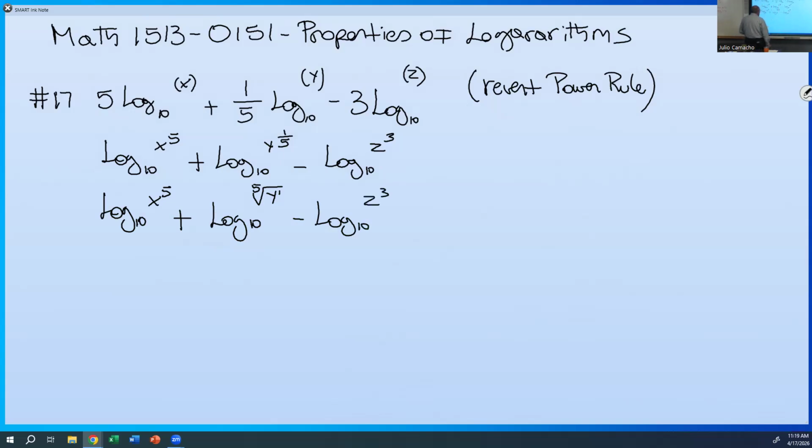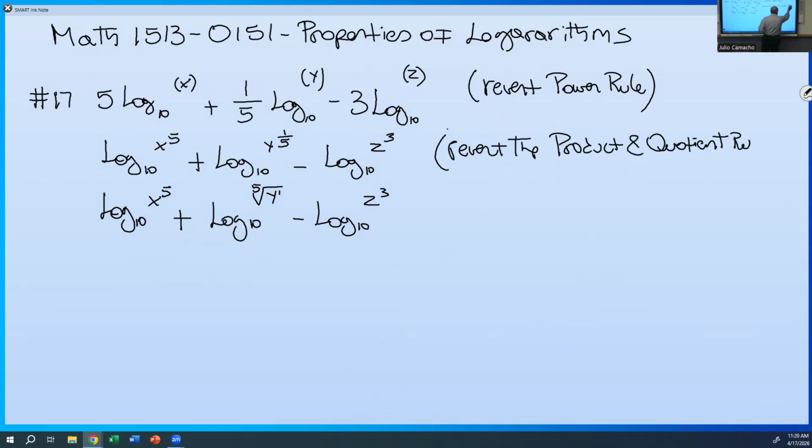And now we can combine all together in one term. I cancel here, I revert the power rule, and then secondly, I revert the product and quotient rule.